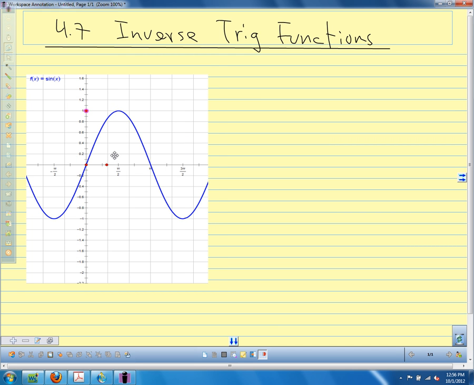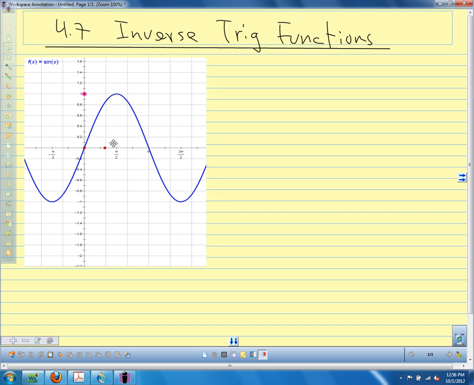Now when we've talked about inverse functions before, we had a way that we could tell if a function had an inverse function. Do you remember how we told from a graph whether or not a function had an inverse function? It was the vertical or the horizontal line test.